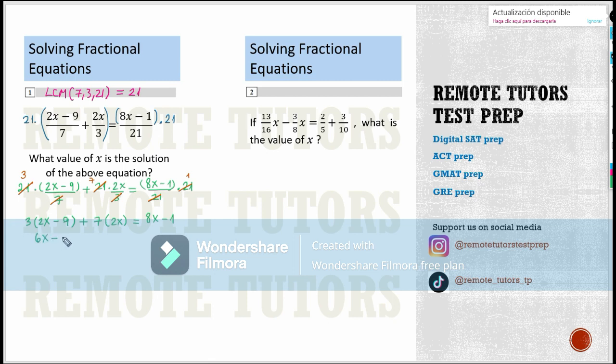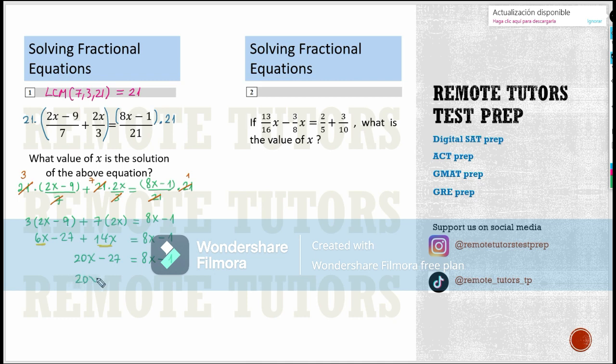That is 6x minus 27 plus 14x equals 8x minus 1. Now we have to combine like terms on the left. That gives us 20x. 20x minus 27 equals 8x minus 1.